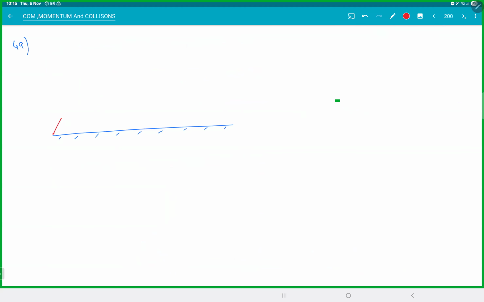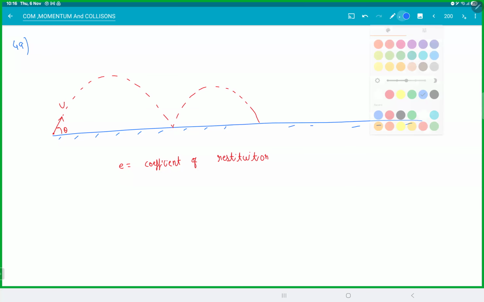We have a particle projected with speed u and theta. Coefficient of restitution is E. All keep your cams on. So this thing goes, hits the floor. Because of the coefficient of restitution, it will again bounce, fall on the floor, and so on.